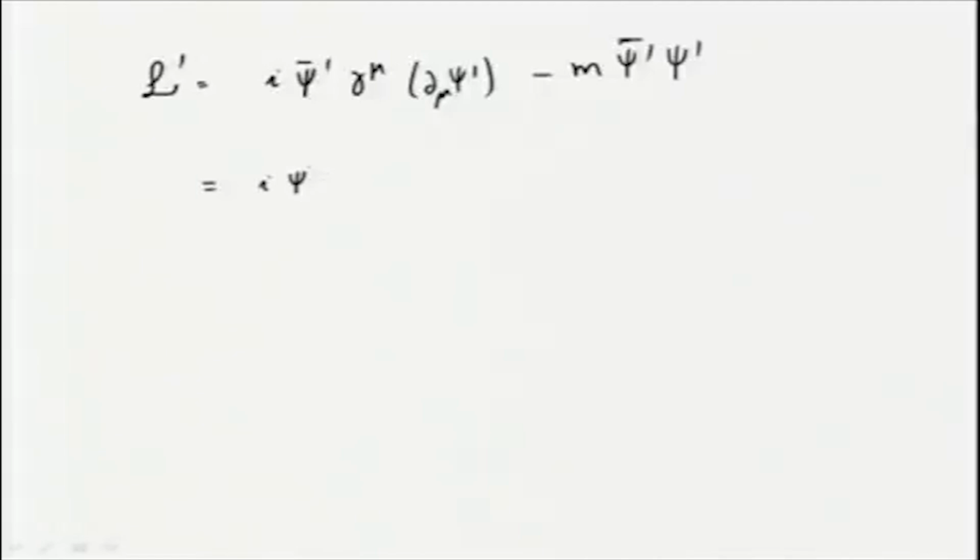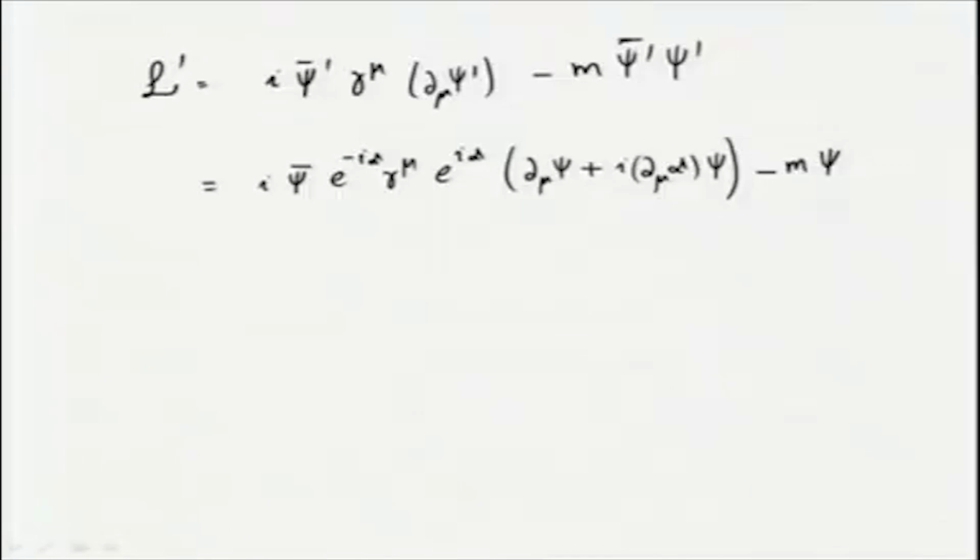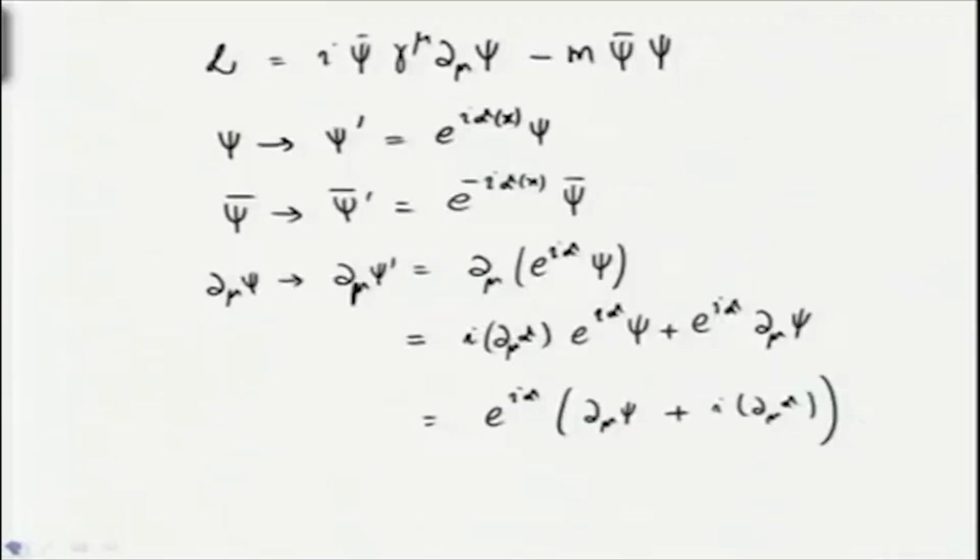So, ψ̄' is e^{−iα} ψ̄, then you have γ^μ e^{iα}, in the bracket ∂_μ ψ plus i ∂_μ α acting on ψ, minus m ψ̄ ψ. I think in this expression I missed this ψ here; it should be there.